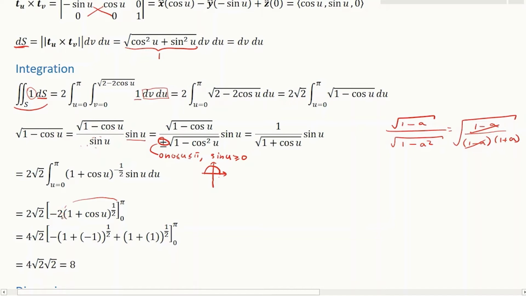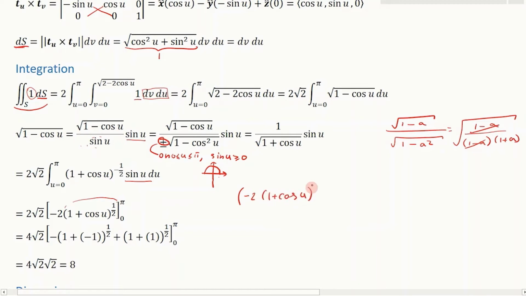What you'll also have is cosine u. When you differentiate it, you'll get negative sine u. Sine u is already there, but there is a negative. And since this is going to be negative, you'll cancel with this. Let me just do it. Negative 2 times 1 plus cosine u, to the power of 1/2.